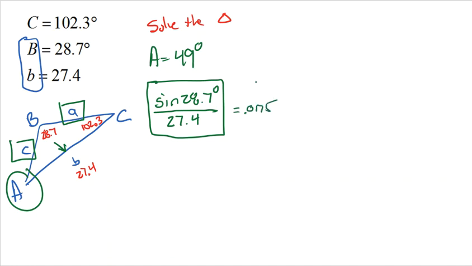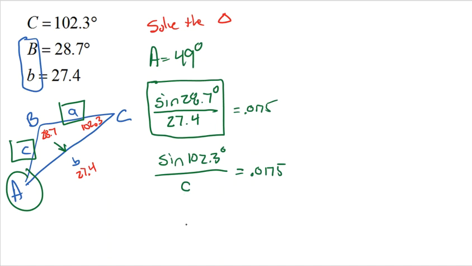And what I'm telling you is that if I take sine of angle C, 102.3, and divide it by little c, which I don't know, I'm going to get that same exact magic ratio, guaranteed. So now I can easily solve for c.